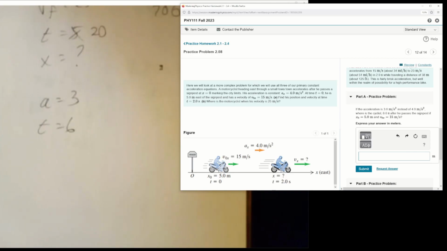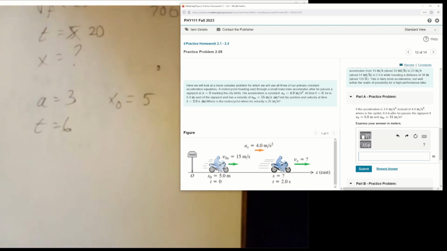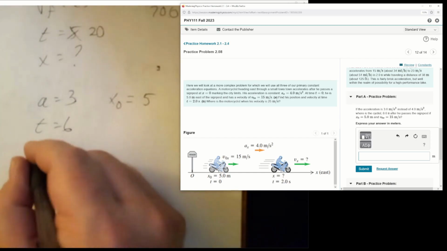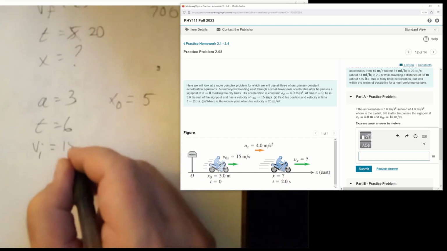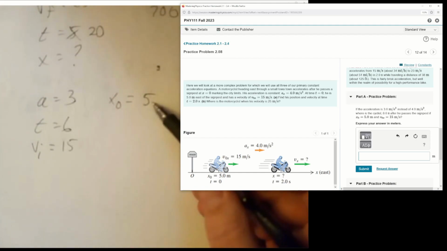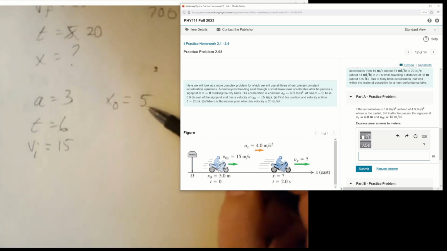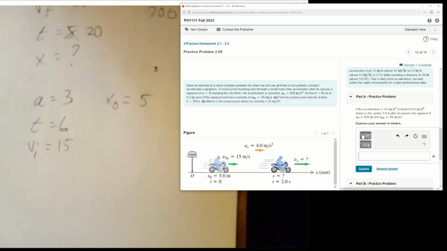So we have unusually an X initial, so we don't see that too much. I'm just going to put that off to the side. And we have a V initial. So whatever X we solve for, we ultimately would have to add to the initial one, since it's not 0. But whatever X we get from our kinematic equations, we'll just add to this initial position.